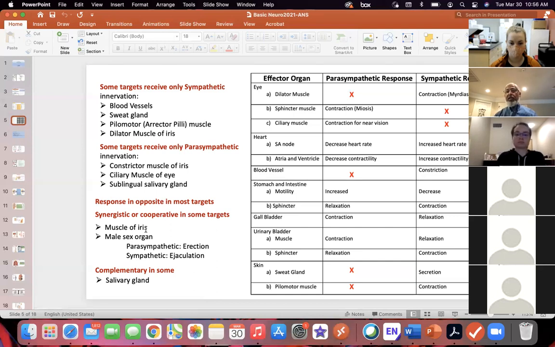Can you tell me which cranial nerve controls the parasympathetic of the pupil? Any idea? Which cranial nerve will carry parasympathetic that will constrict the pupil? Just guess. Give me a guess. No guess even? You don't want to take a chance?